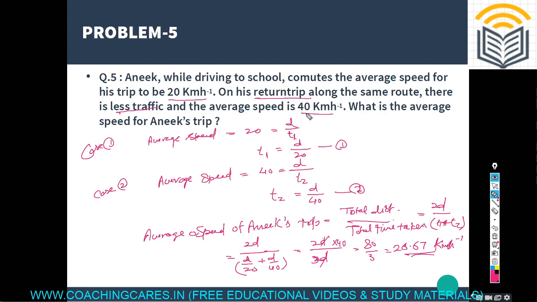So we'll calculate all the numericals just by understanding the conditions, and we'll take the distances accordingly, and we'll put the values of distance, speed and time, and we'll make the equations if required, like 1 and 2. Case 1 was reaching the school, and case 2 was the return trip. Distance is the same in both cases, we took d as the same distance, and t1 and t2 are the times taken in both the trips.